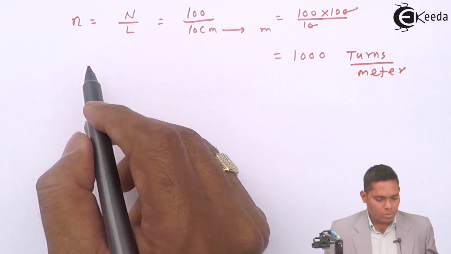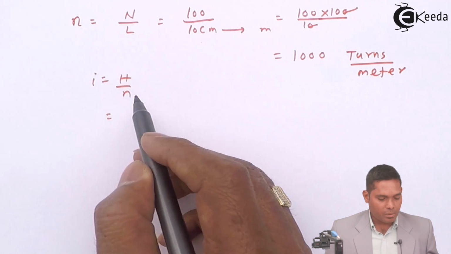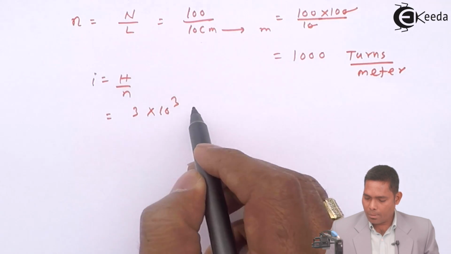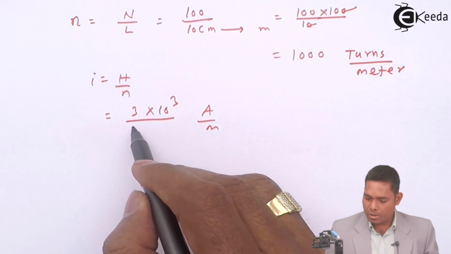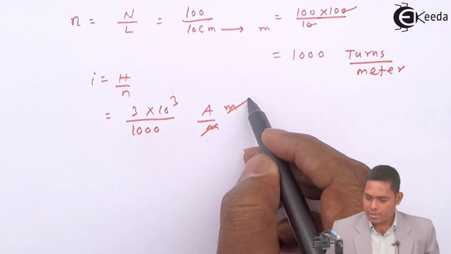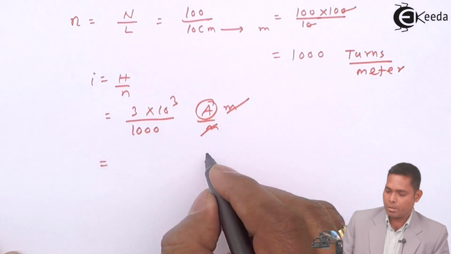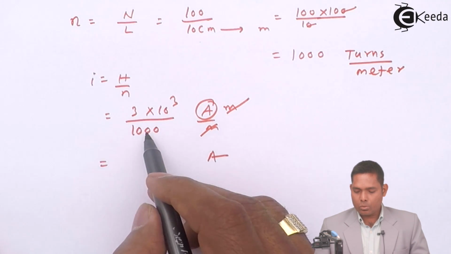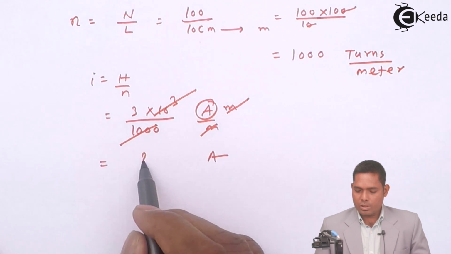Now going back to the previous expression I equals H by n, the H value is 3 into 10⁻³ amps per meter divided by 1000 turns per meter. The per meter cancels, so only amperes is left, as current should be. This is 10⁻³ and this is also 10⁻³, so they cancel, and only 3 is left.